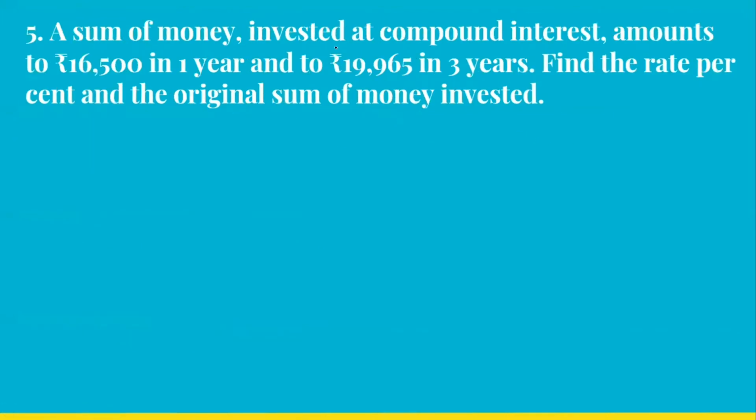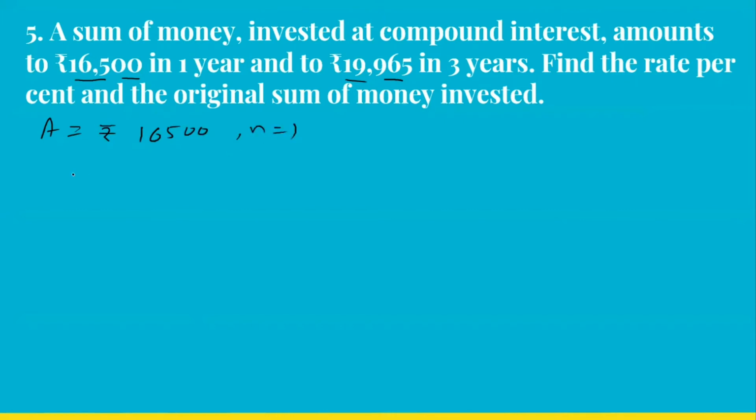A sum of money invested at compound interest amounts to rupees 16,500 in 1 year and to rupees 19,965 in 3 years. Find the rate percent and the original sum of money invested. So here the amount is given as rupees 16,500, and n is equal to 1.